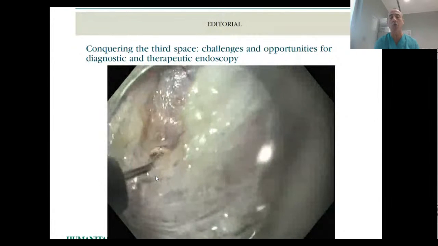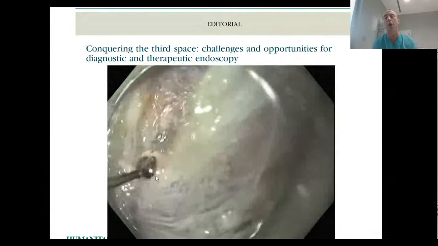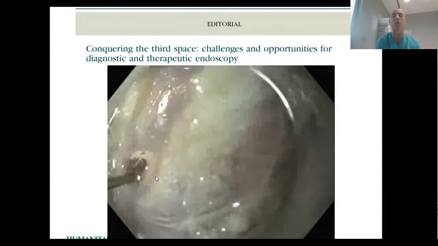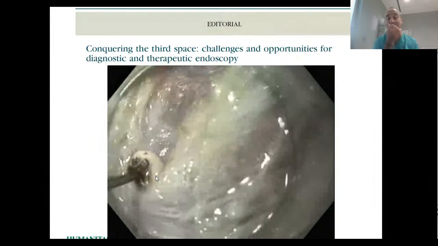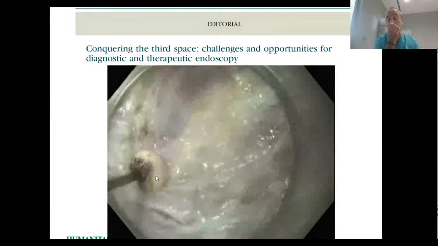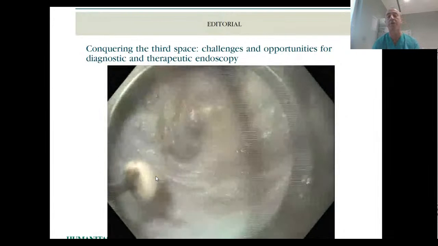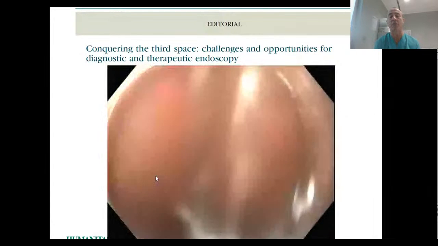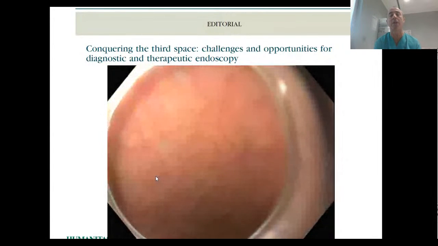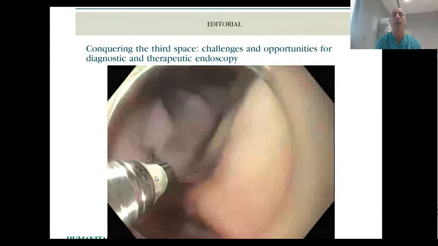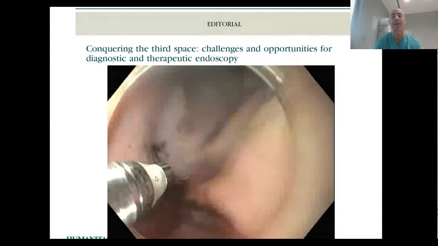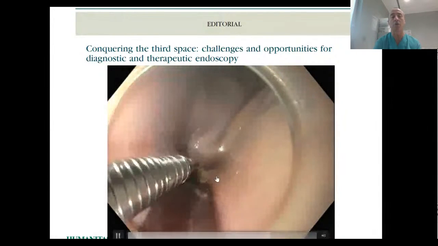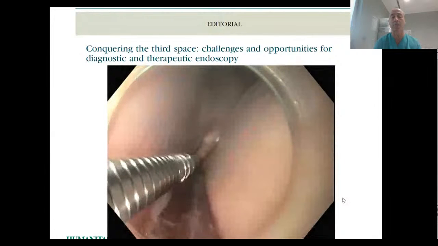In G-POEM, you don't need a long myotomy, always on the greater curvature. You have to pay a lot of attention to vessels, because there are very big vessels outside the stomach. If you cut one of these vessels, this can be a big problem. You see afterwards very easy advancement of the scope across the pylorus, and finally the closure using multiple clips.